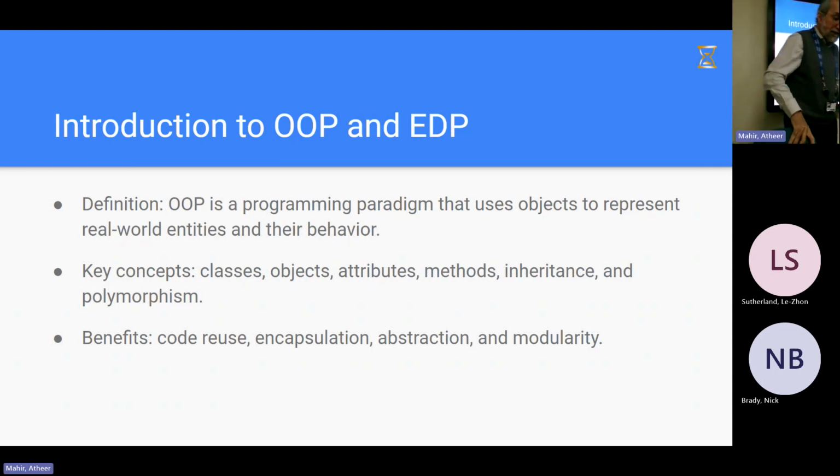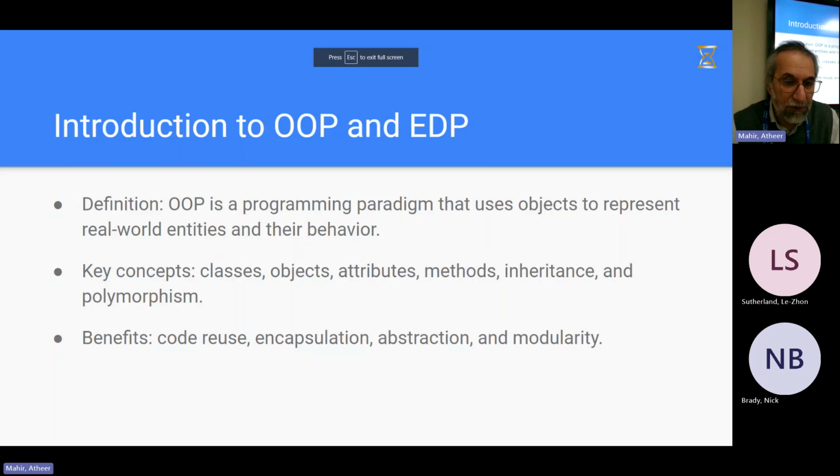So the details are in the slides, okay? So in general, object-oriented programming paradigms use objects to represent real-world entities and their behavior. Key concepts of this: classes, objects, attributes, methods, inheritance, and polymorphism.